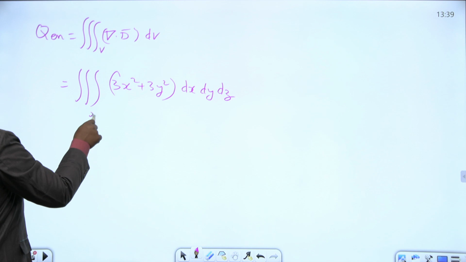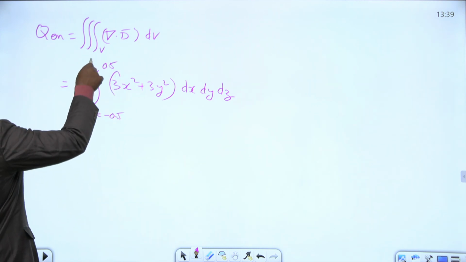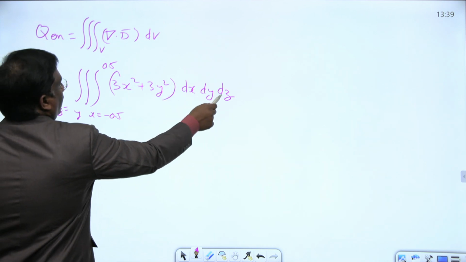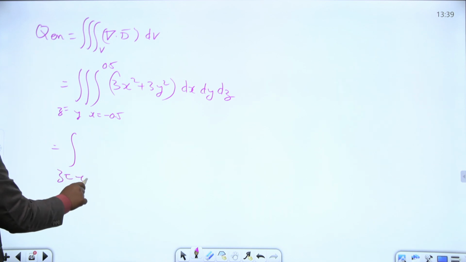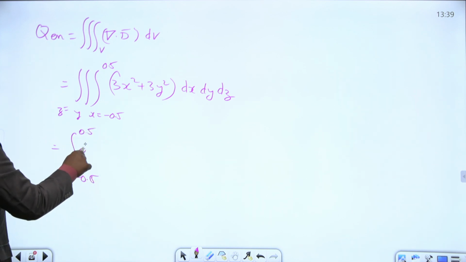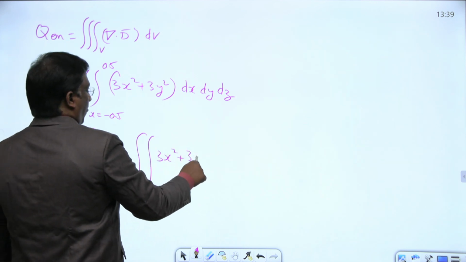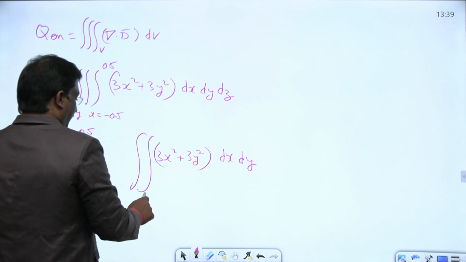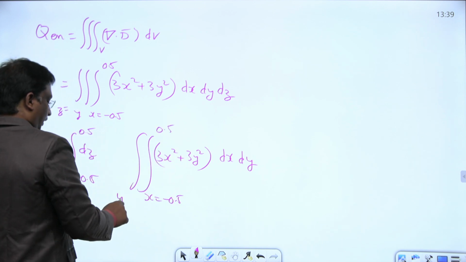Here x varies from minus 0.5 to 0.5, y also varies from minus 0.5 to 0.5, and z also varies from minus 0.5 to plus 0.5. There is no z term, so we separate the z integral from minus 0.5 to 0.5. This leaves the surface integral of 3x square plus 3y square dx dy, with x and y varying from minus 0.5 to 0.5.